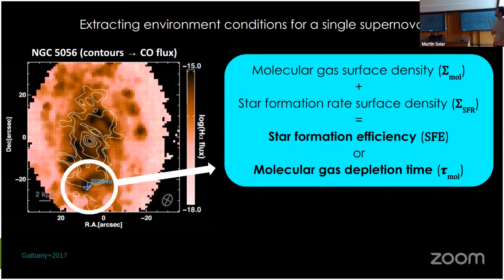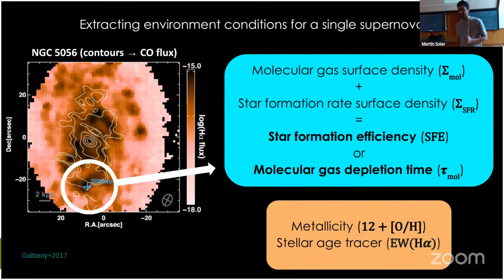The main parameters that I want to focus on here are the molecular gas surface density, given by sigma mol. We also have the star formation rate surface density, given by sigma SFR, and combining both parameters, it's possible to compute the star formation efficiency, or the molecular gas depletion time, which is basically the same. As secondary parameters, we have the metallicity and the stellar age tracing.